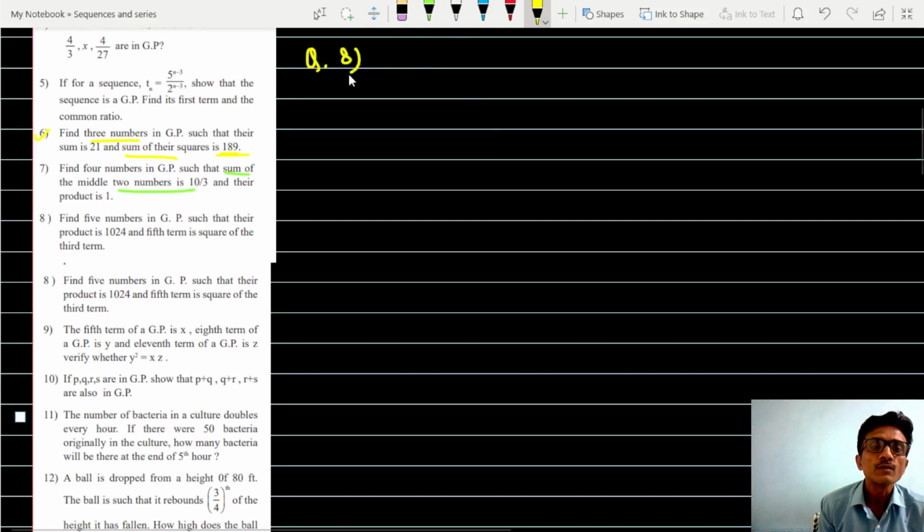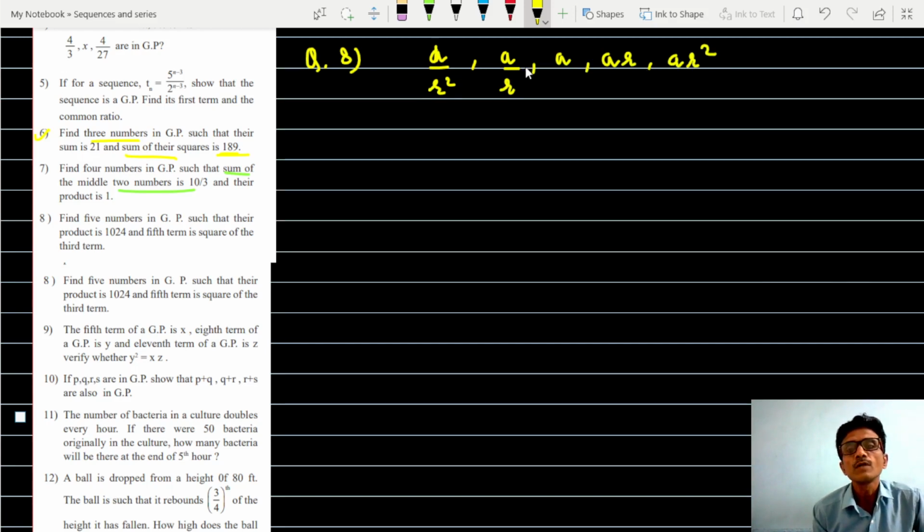What is this question number 8? Five numbers in GP. So we take the five numbers in GP as a upon r square, a upon r, a, ar and ar square. 1 2 3 4 5.